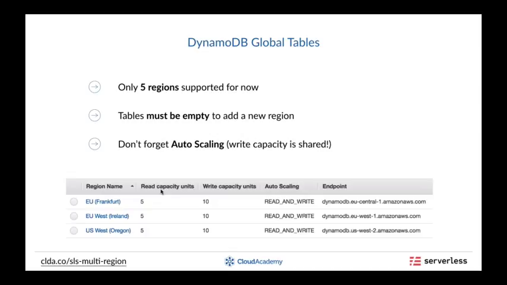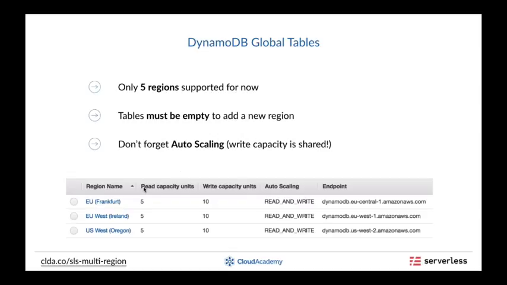But you cannot do the same with write, because every time you write to one of those global tables, that write will generate one write in all the other tables as well. So that's why write capacity is shared globally. So you need to plan for that. So imagine we had like 15 read and 10 write.